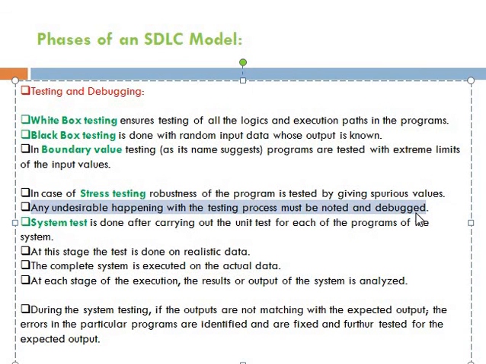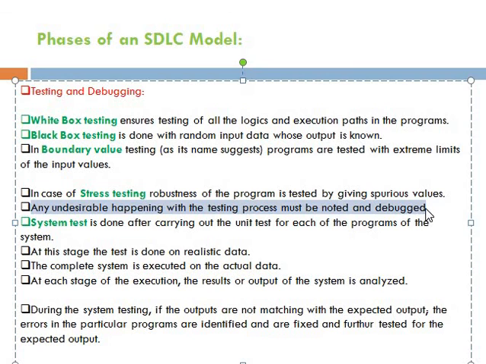Now any undesirable happening with the testing process must be noted and then debugged. That means if we find any undesirable results while testing the system, those bugs and errors should be rectified in the debugging process.